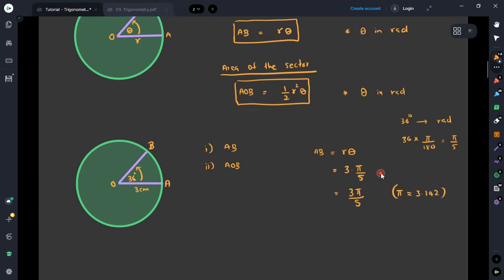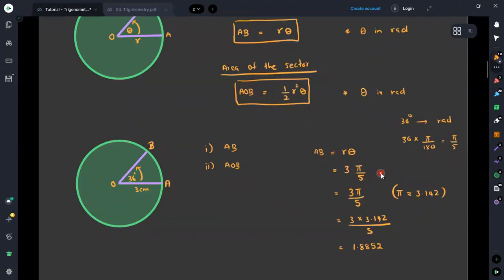Then the length of this arc is 3 times 3.142 divided by 5, and this leads to the value 1.885.